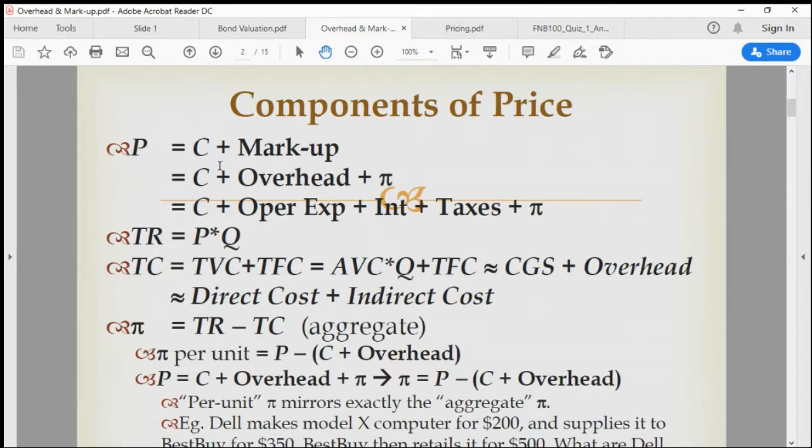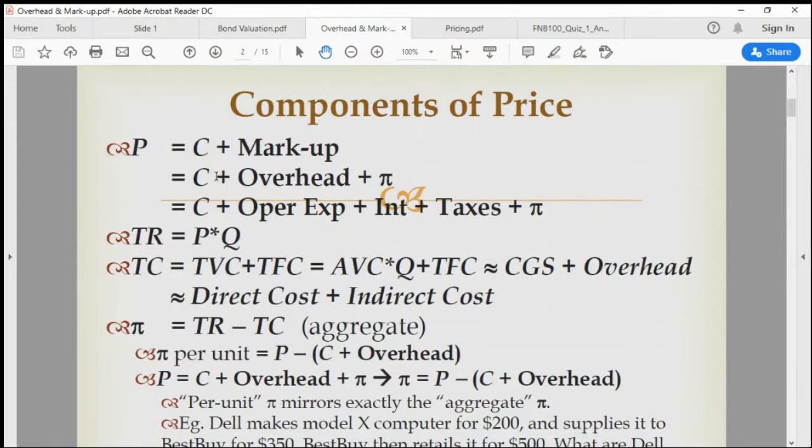So assume that the $300 is the production cost per unit, or the direct cost, or CGS per unit, in other words, average variable cost. And then $200, you might easily think must be net profit margin. No, that's called markup. Why?